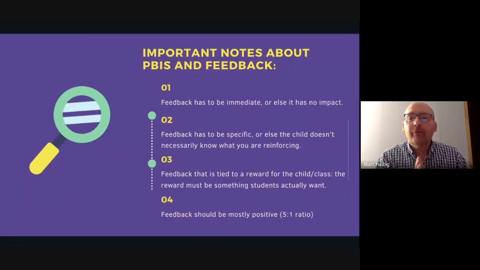So this came from a PBIS article, and we'll make sure you get these resources. We had a different link sheet, but we had to change some things around. So you can see it reinforces what I was just talking about on the earlier slide. But let's look at point number 3. Feedback that is tied to reward. The reward must be something students actually want.